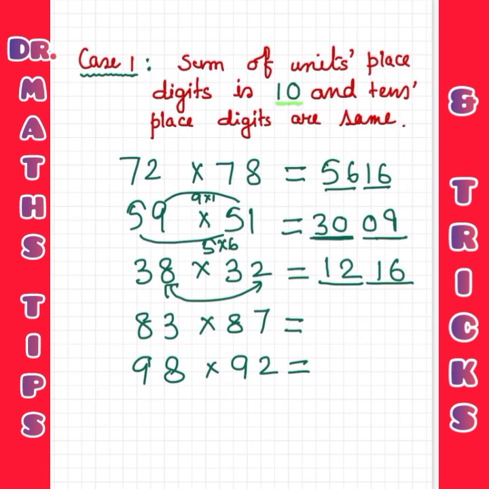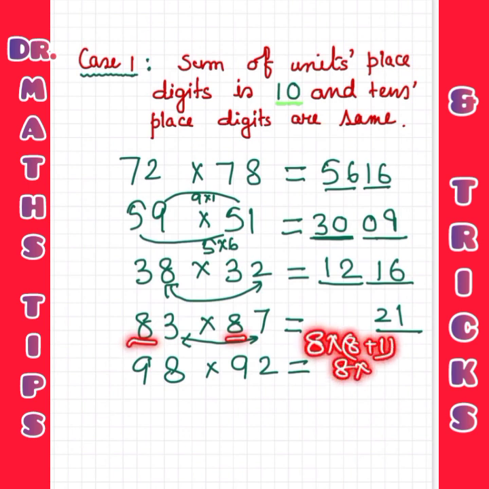Now go for the next multiplication, 83 into 87. As I said, multiply 3 into 7, that is 21. And for the equal tens digit, we put 8 into 9, that is 72. Just put it here.